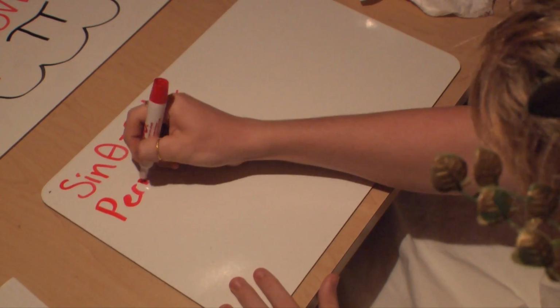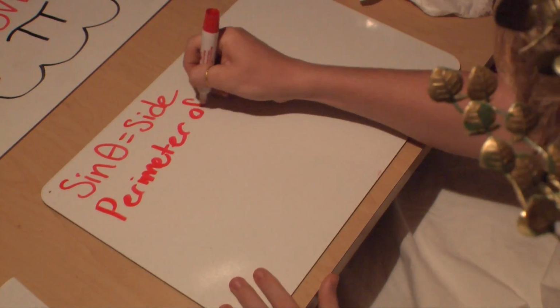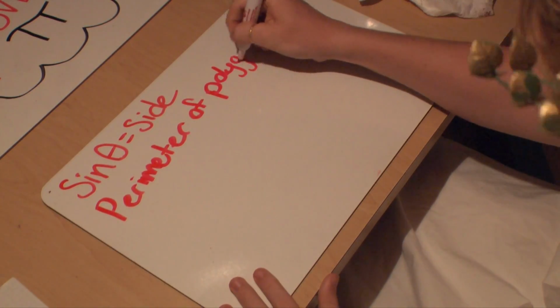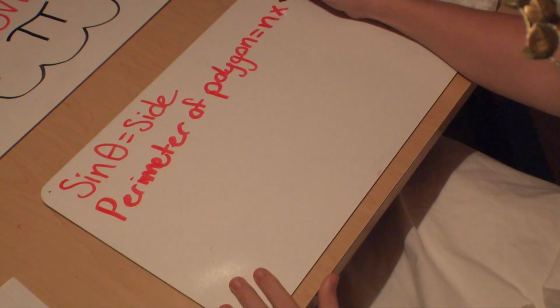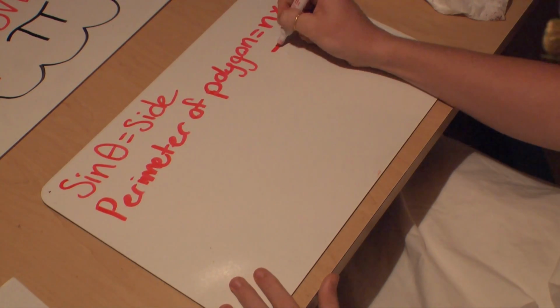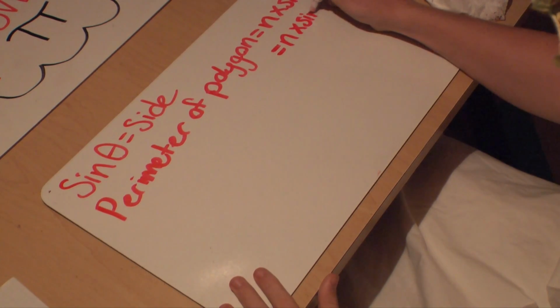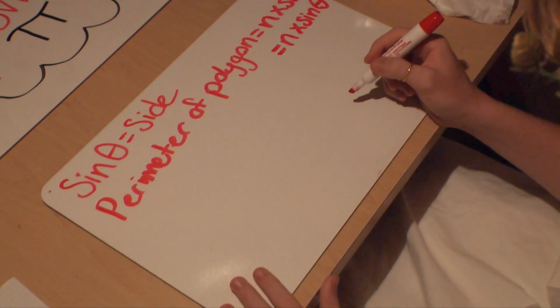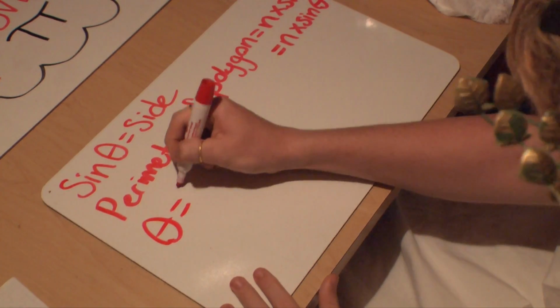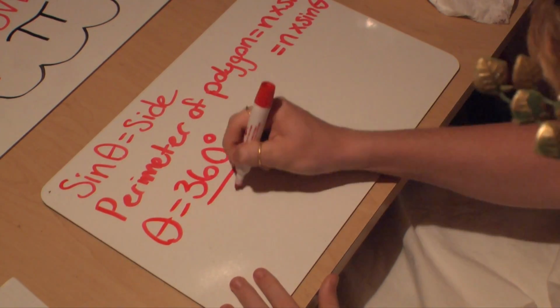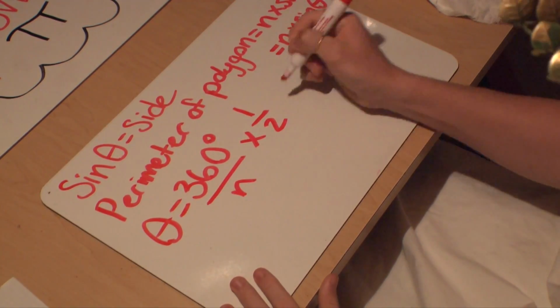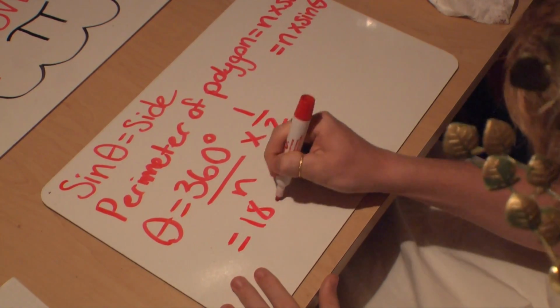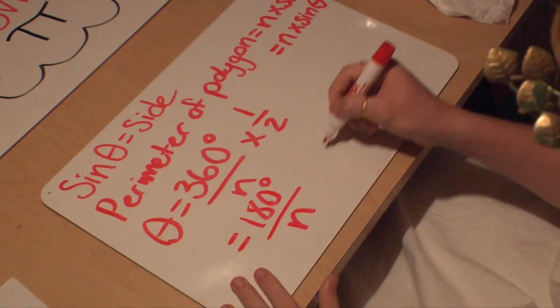Archimedes knew that the perimeter of a polygon is equal to n, the number of sides, multiplied by the length of the sides. Now, using sine theta equals side length, he could create the formula perimeter equals n times sine theta. Lastly, he found that theta is equal to 360 degrees divided by n, the number of sides, multiplied by 1/2, because the angle theta bisects the side length.